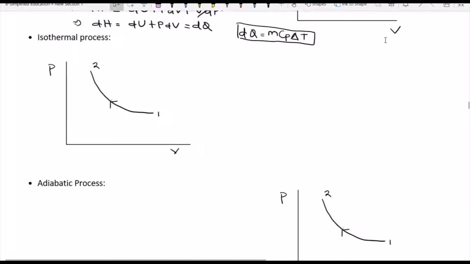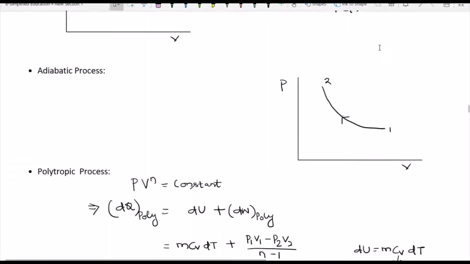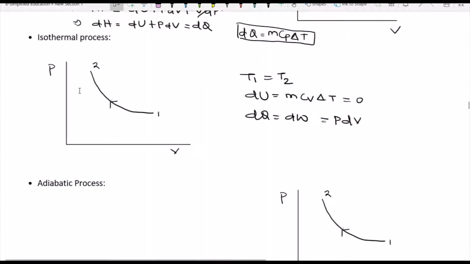Next, for the isothermal process, the initial and final temperatures are the same, so dU will be 0 because it is mCv delta T, so dQ will be equal to dW, which is pdV. These are the curves I have already discussed when I discussed work energy interactions.